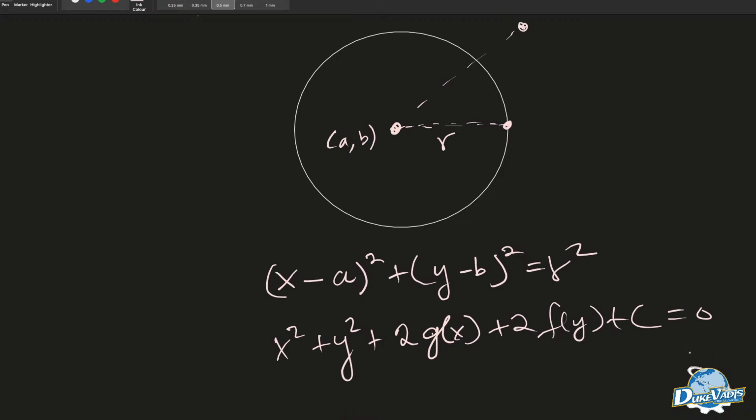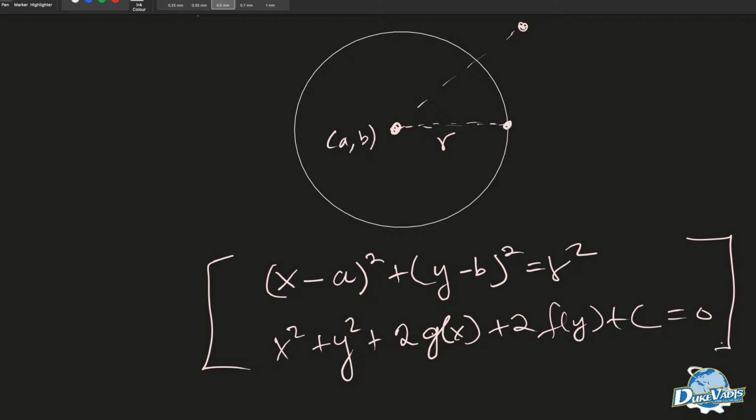So if a point lies on the circle, that means upon substitution, the values which have been given or want to be tested in the equation must give us 0, or must be equal to the radius of the equation.